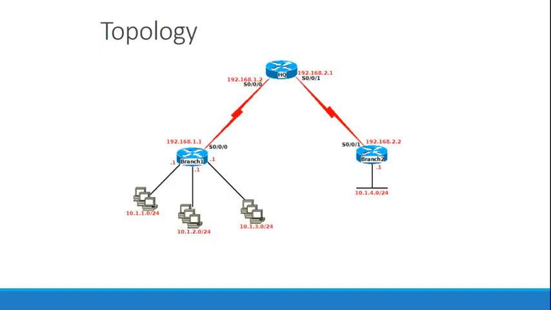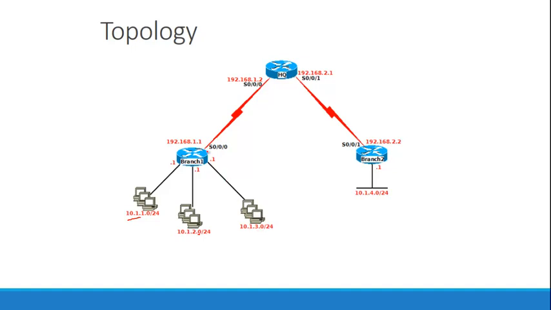Let's go ahead, and here's our topology. I've got loopbacks configured. I don't really have computers, I just put these pictures in for visualization. I have loopbacks 0, 1, and 2 configured. 0 has an IP address of 10.1.1.1, 1 has 10.1.2.1, 2 has 10.1.3.1.